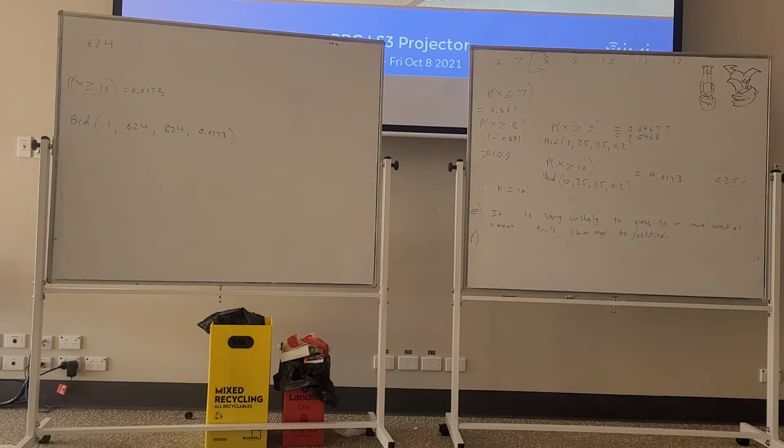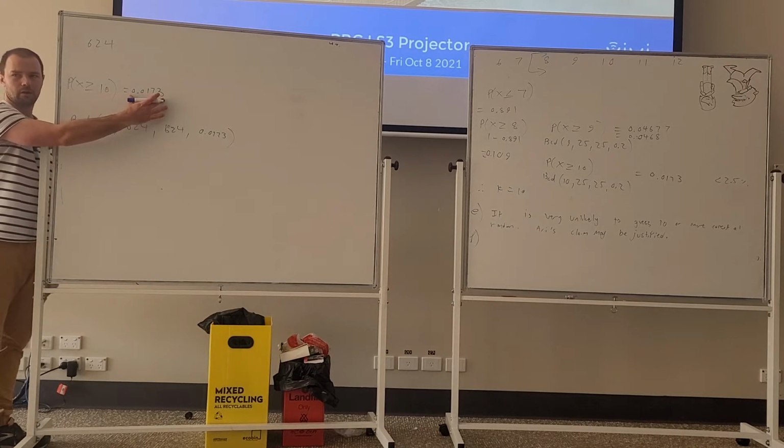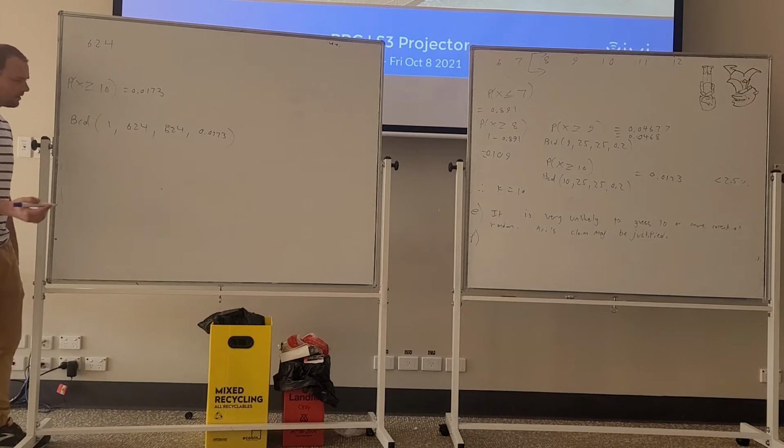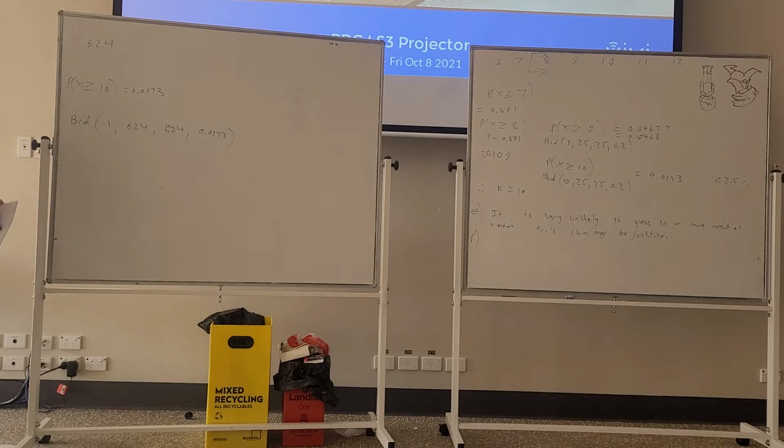So the significance of this calculation is we're saying, this seems very low, right? It's a very low probability of that occurring, but we're performing that experiment 624 times. So let's perform this calculation and then come up with some cool answer here. So lower boundary 1, upper boundary 624, 624 and 0.0173.